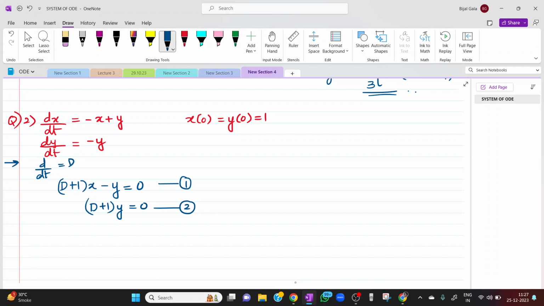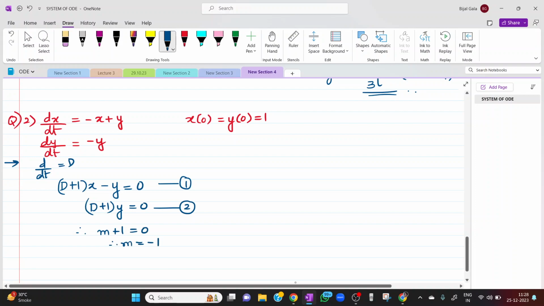Now let's understand, students. Instead of following the general method here, I can directly solve equation 2. Your equation 2 only has y, so the auxiliary equation would be m plus 1 equal to 0. So m is equal to minus 1. Your y of t would be equal to c1 e raised to minus t.